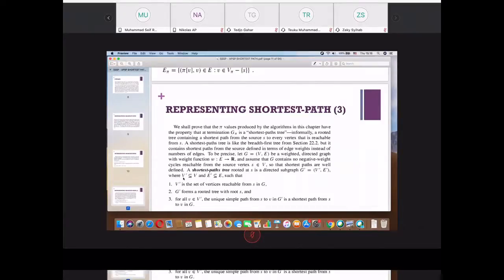It's a subset, because the number of elements of V prime must be smaller than the number of V. So V prime is the set of vertices reachable from S.